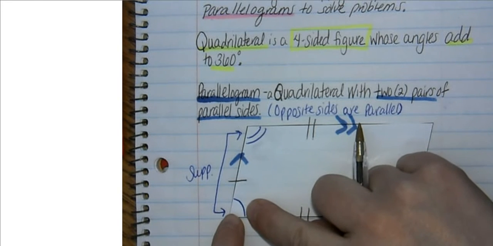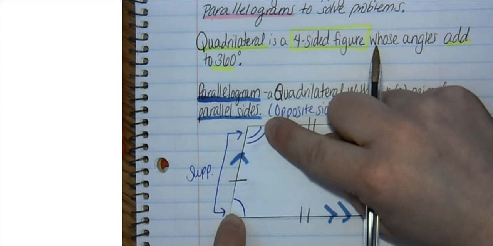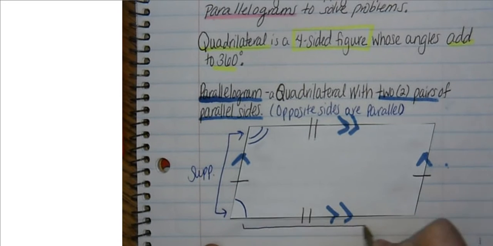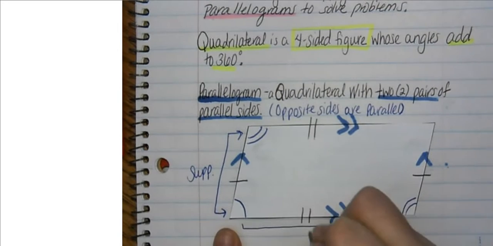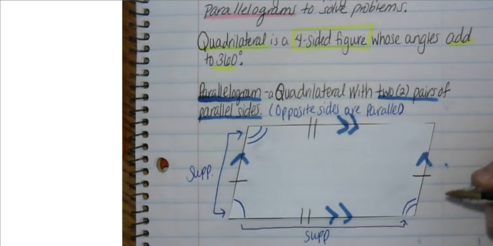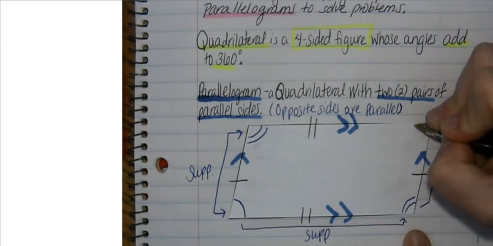So if this angle has one arc mark and it is supplementary with this angle that has two arc marks, that means that this angle with one arc mark would have to be supplementary to this angle over here, and I'm going to give it two arc marks, because one arc mark would have to be supplementary with two arc marks, and two arc marks would have to be supplementary with one arc mark.